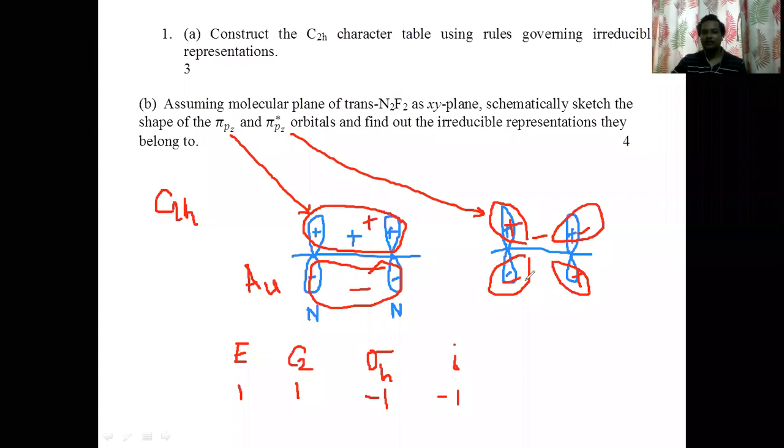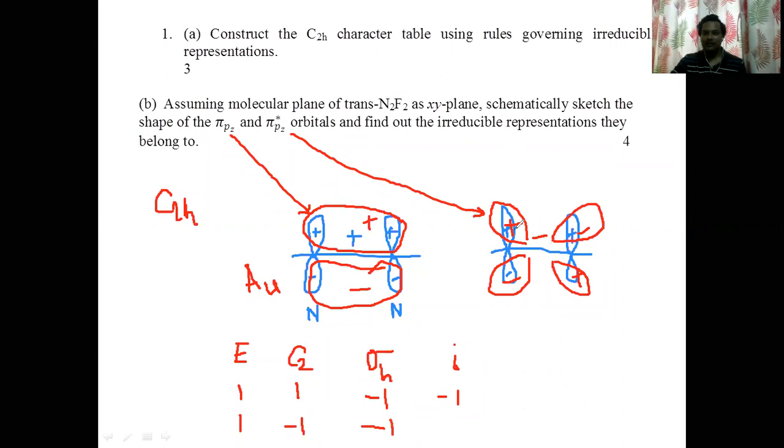Now if I go for this one, identity is the same, no problem. I am doing C2 along this, that is Z, therefore it changes sign, so that is going to be -1. Sigma h is this plane, and again it is going to change the sign, so that is going to be -1.